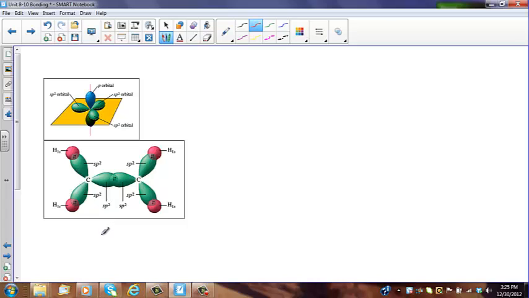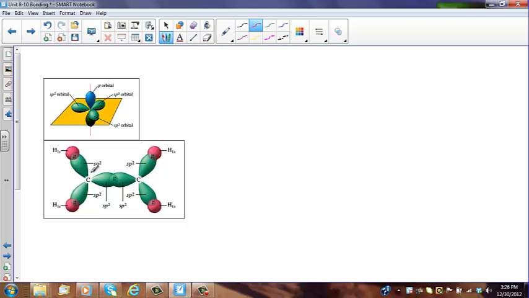In this first diagram here, they're just giving you a 3-dimensional view of the sp2, where you have one s and 2 p orbitals that hybridize to form sp2, and 1 p orbital remains unchanged.